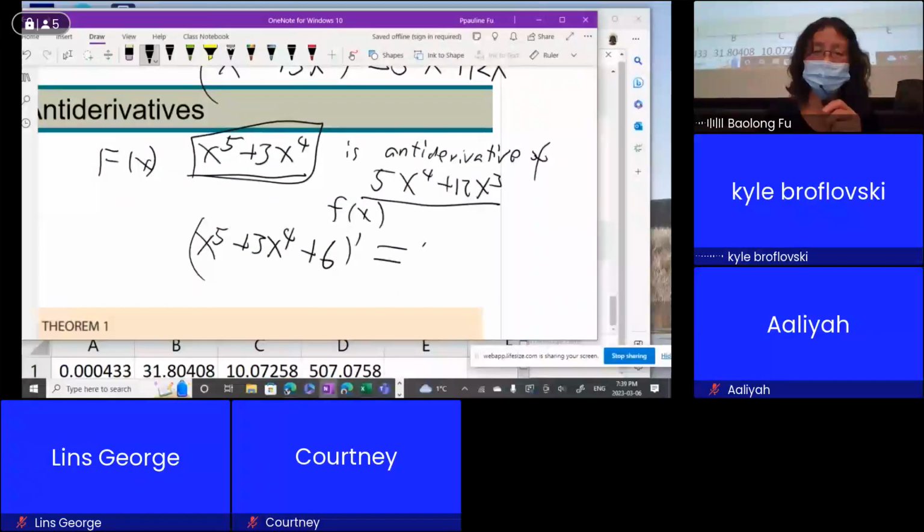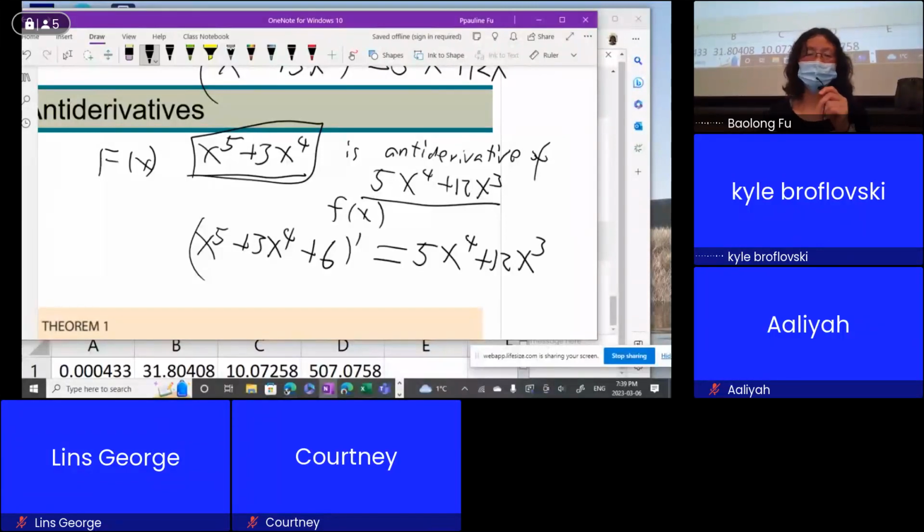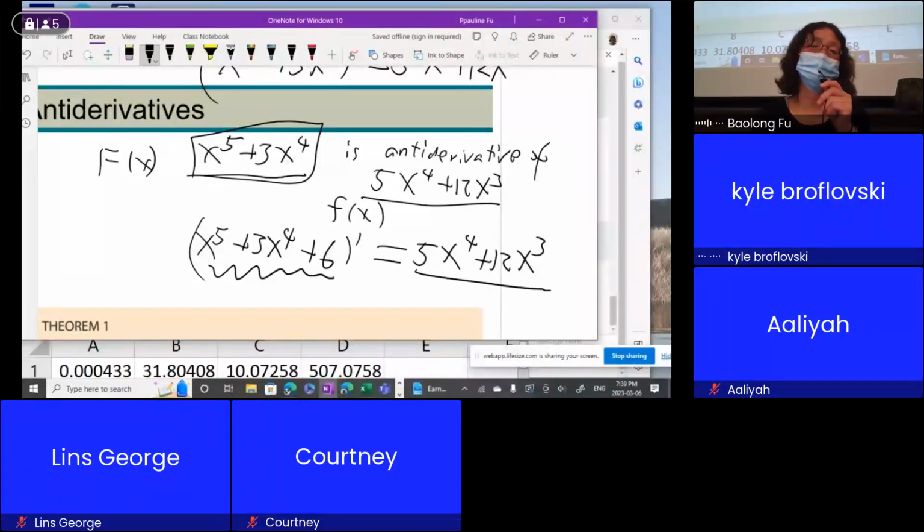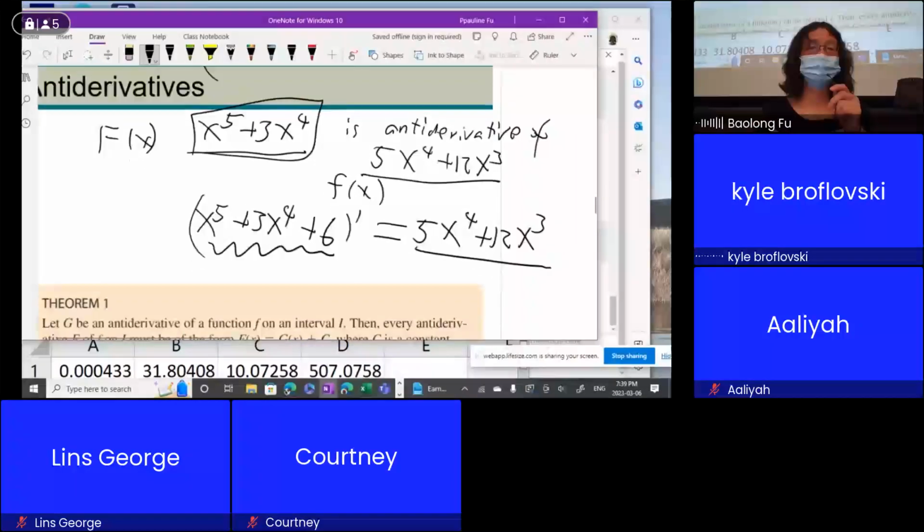The result is this one, right? That's why this is an antiderivative of this function. So can you say you have an unlimited number of antiderivative functions?